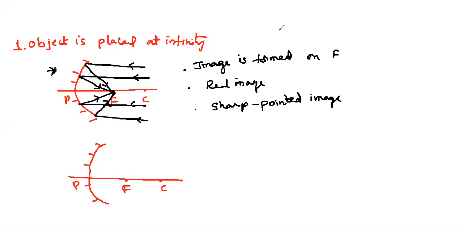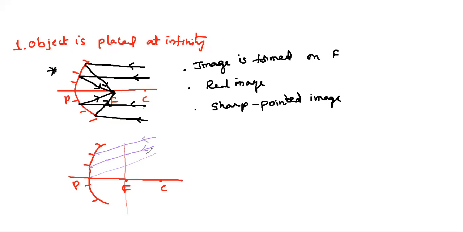And while drawing this condition, you need to take the help of the focal axis. This is the focal axis, not principal axis. Now take the rays, they are making some angle with the pole. However, they are parallel to each other.